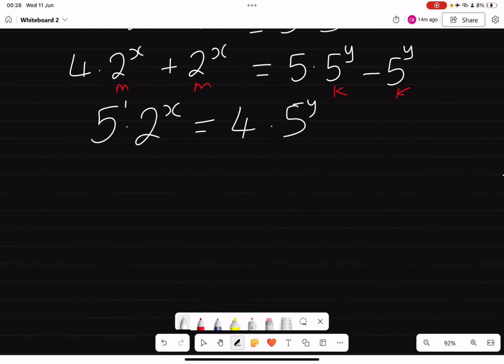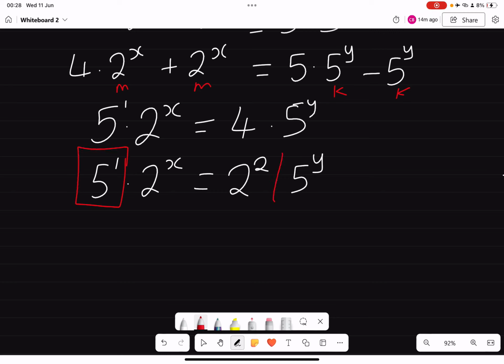And then we have 5 to the power of 1 dot 2 to the power of x equals, we know that 4 is 2 squared, multiplied by 5 to the power of y. And then this can be true only if this part goes with that part and this part goes with that part.